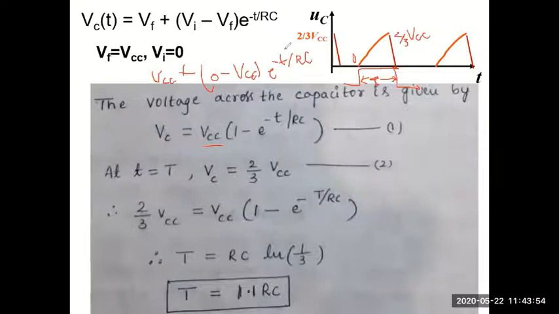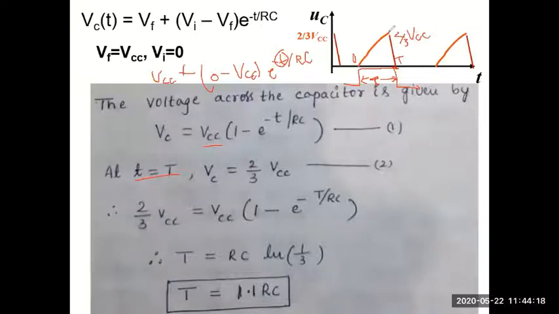Whenever this time has reached the final time period T, if we start with 0 and this is T, what is the voltage across the capacitor here? The voltage that the capacitor has gained is 2 by 3 Vcc.